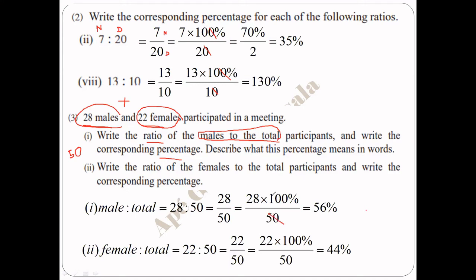How many 50s are 100? 100 means 2 50s. 28 multiplied by 2, 56.